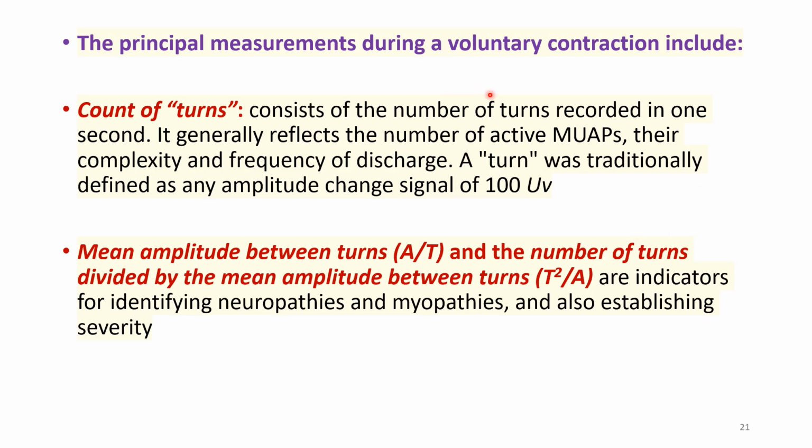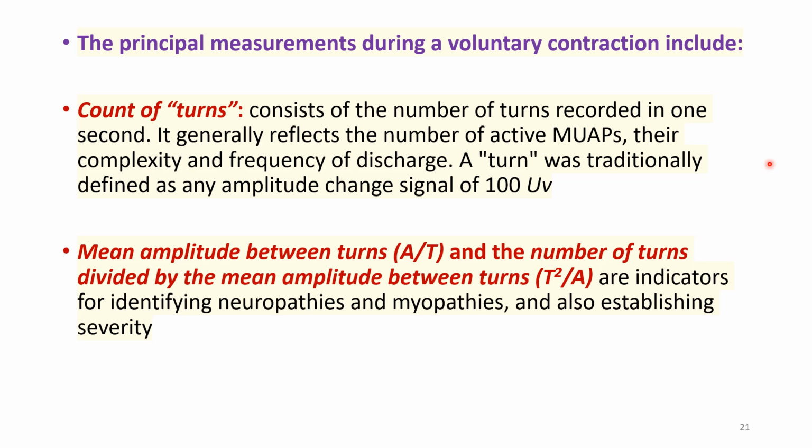The principal measurements during a voluntary contraction include, so what all are we seeing in EMG? What are the principal measurements we are taking? We are seeing the count of turns. Count of turns consists of the number of turns recorded in 1 second. So in 1 second, how many turns are coming?